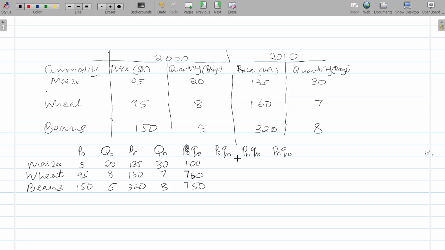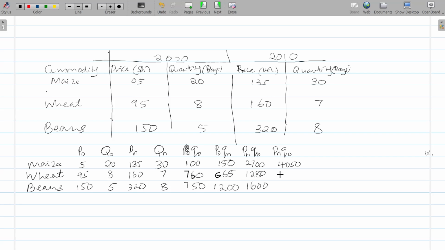That is the price in the base year, which is 5, times the quantity in the year of analysis. For wheat is 95, which is P0, times Qn. Qn is 7, and I got 665. And then for beans is 150 times 8. I got 1,200.